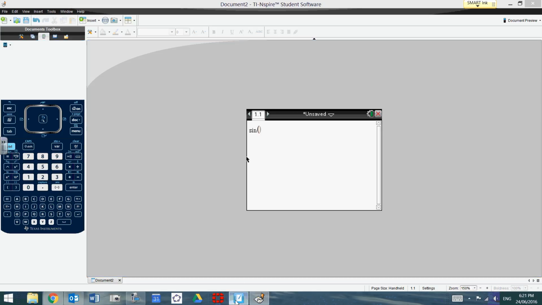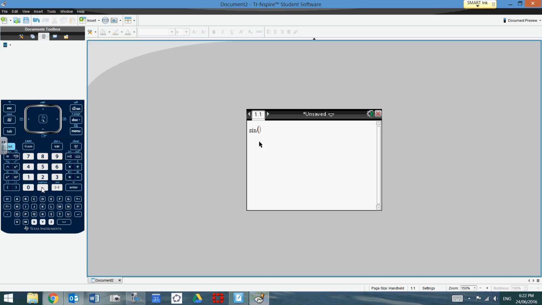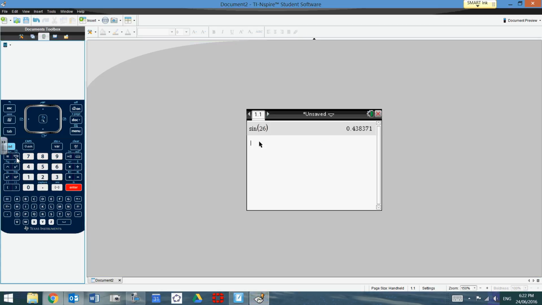So the first one was sine and cosine of 26 degrees. So sine of 26 and cosine of 26 degrees. All right, so now the calculator recognizes that I'm putting in degrees, and it will give me the exact answer that I want.